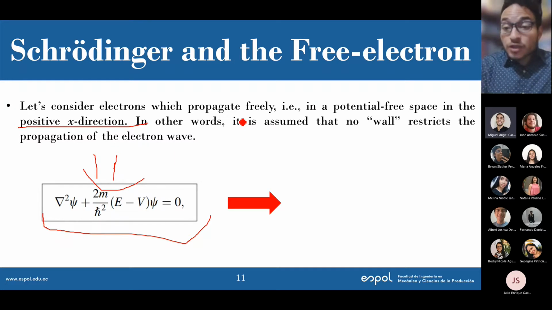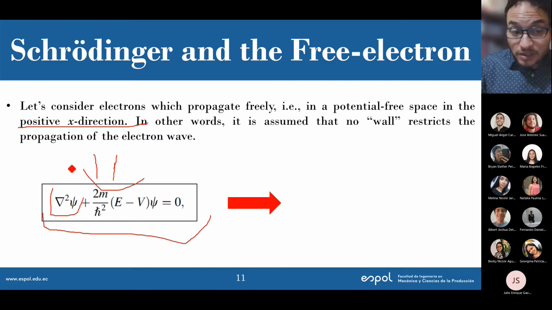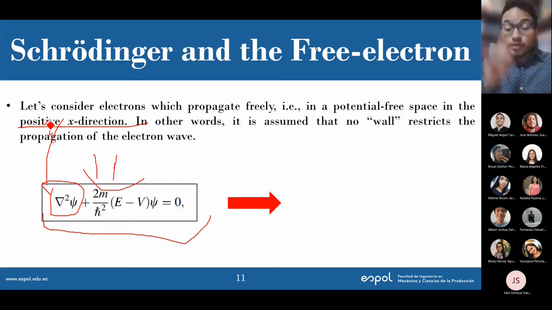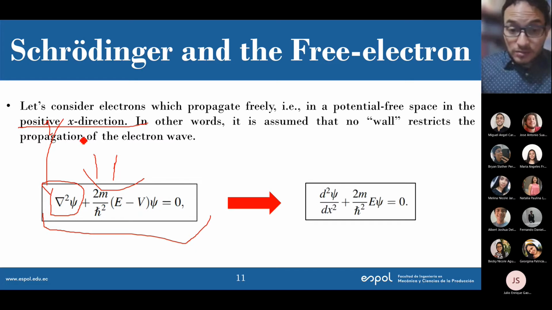The potential energy is going to be 0, right? And if I'm considering this term, the differential term, I'm considering only, again, the 1D case, right? That's why I highlighted positive x direction. I'm just considering the 1D case. So that means the differential of the wave function is going to be only with respect to x, okay? That's the one term. Then this doesn't change. 2m divided by the reduced Planck's constant squared, that's the same.